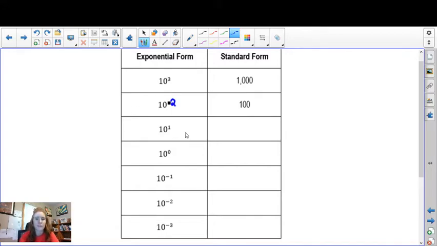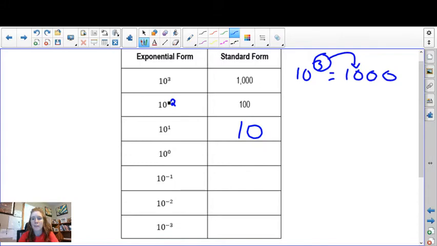10 to the first is simply 10, because I only have one 10. 10 to the 0, now this is the cool part. So let me back up a second. If I have 10 to the third equaling 1,000, because I take this 3 and it tells me how many zeros to write, well, if my exponent is a 1, I'm just going to write a 1 and no zeros.